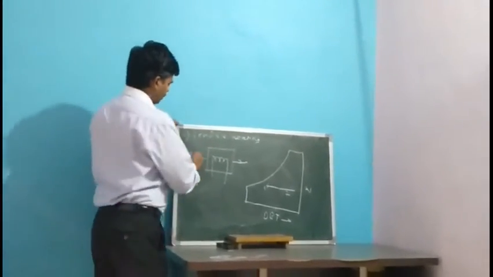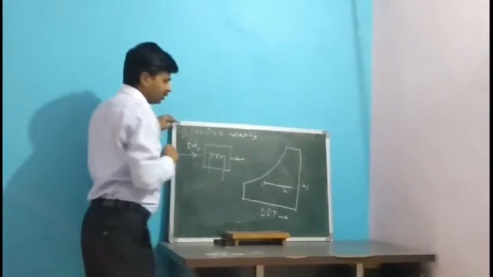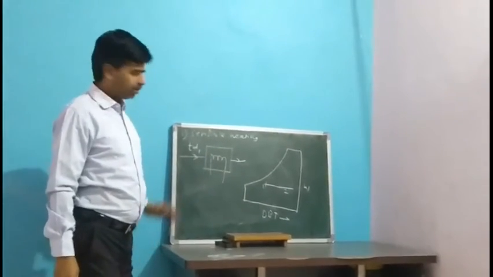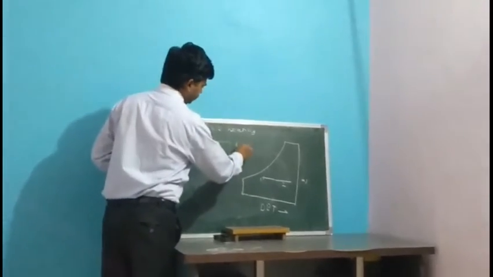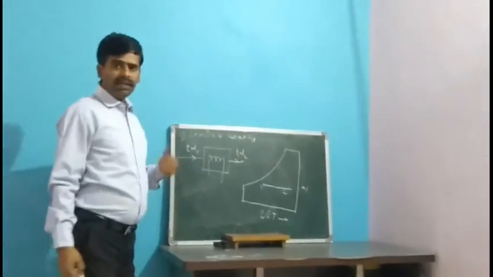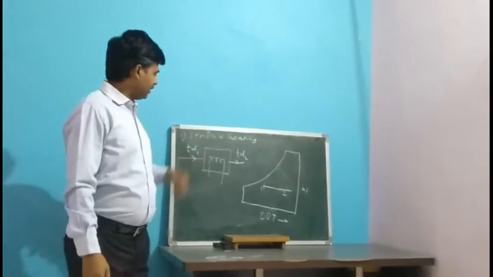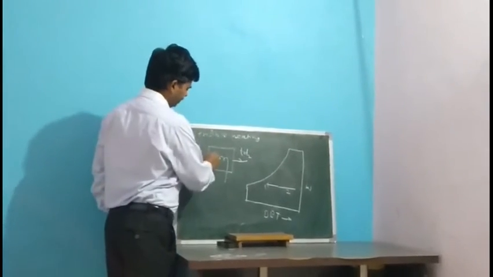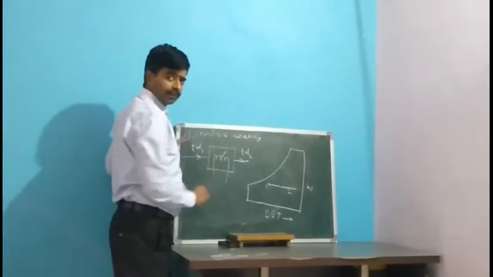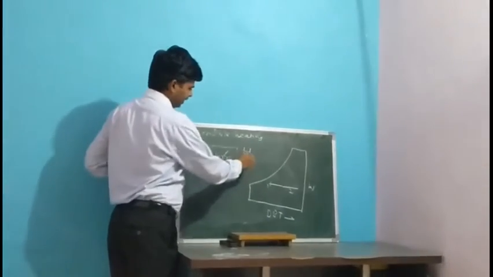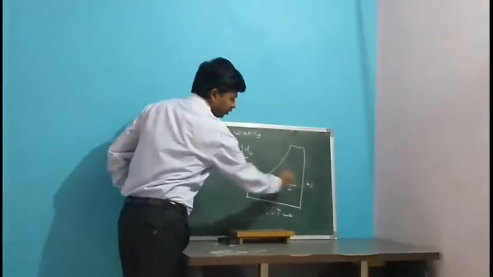Suppose TD1 is the dry bulb temperature of the incoming air, and this is TD2, the air leaving after heating. When air passes over the coil, there is a transfer of heat from the heating coil to the air, so the air gets heated from TD1 to TD2.